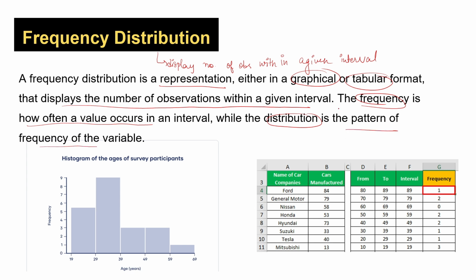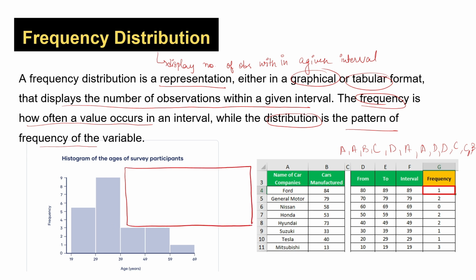Suppose we have a data set here that is A, B, C, D, A, D, C, B. So here, to make the frequency distribution table for this data set, first of all we will need a table with 3 columns.